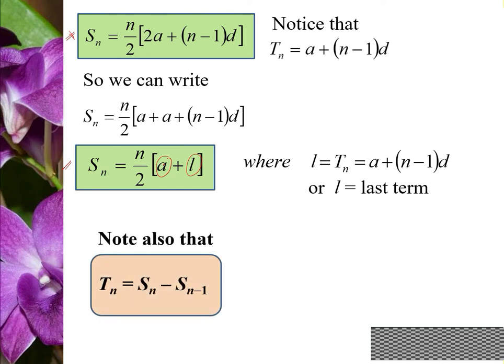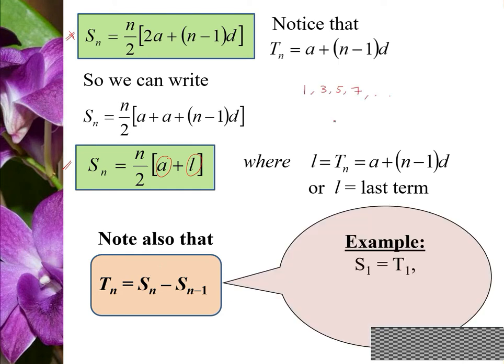Do take note that the nth term is also equal to the sum of n terms minus the sum of n minus 1 terms. I'll show you an example. Let's say the first term for this sequence that I've written down is 1. So A is 1, but A is also equal to T1.